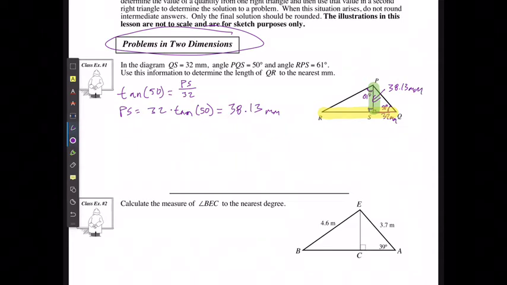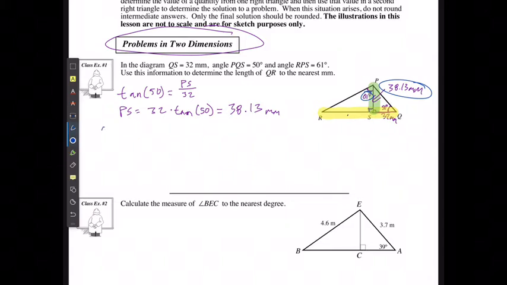Now I know the adjacent side length to the angle of 61 degrees at the top here, and I'm trying to solve what the opposite is. So I'm going to use this along with the adjacent to solve for the opposite, which is going to be RS.